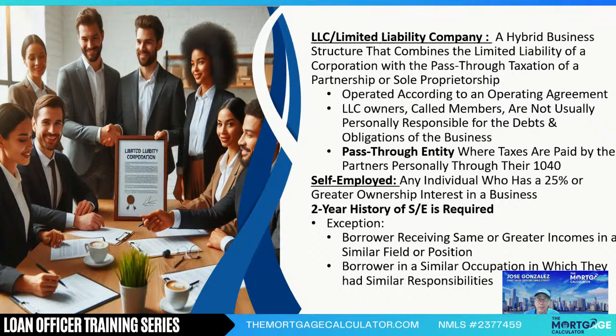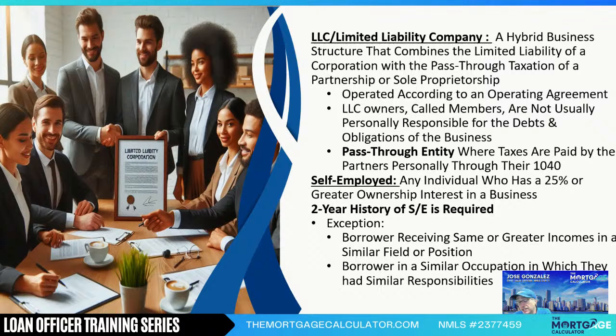Now, I always like to cover what exactly is meant by self-employed when we're analyzing borrowers. This is applicable for an LLC, an S corp, a partnership, and a sole proprietorship. This is not applicable for a C corp, right?